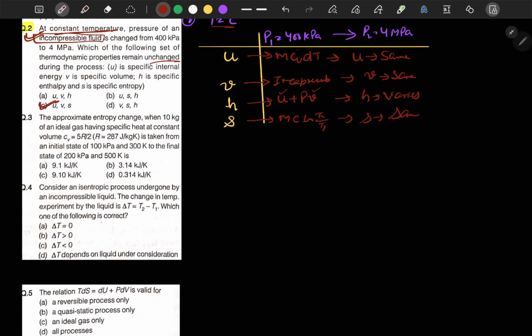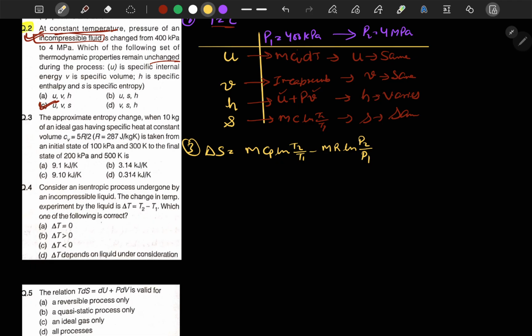Since this is an ideal gas, we can directly use the formula for entropy change of an ideal gas which I mentioned earlier. We write it as mcp ln T2 by T1 minus mR ln P2 by P1.